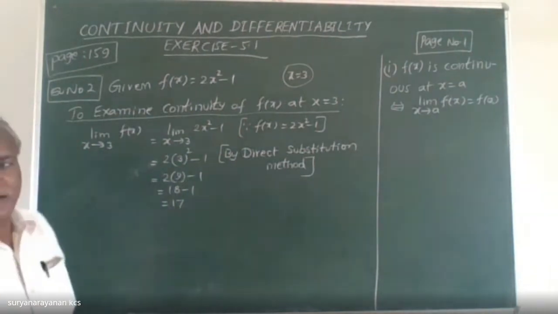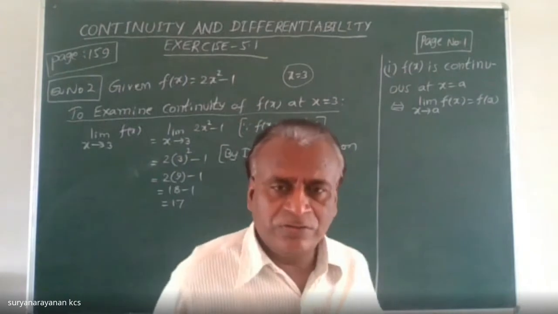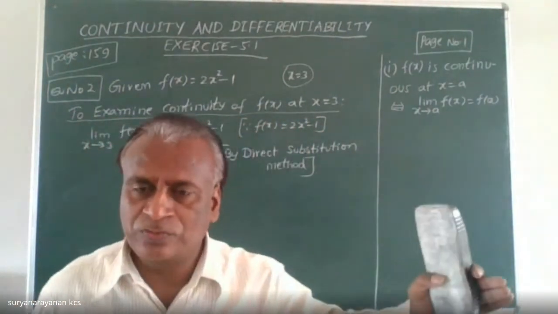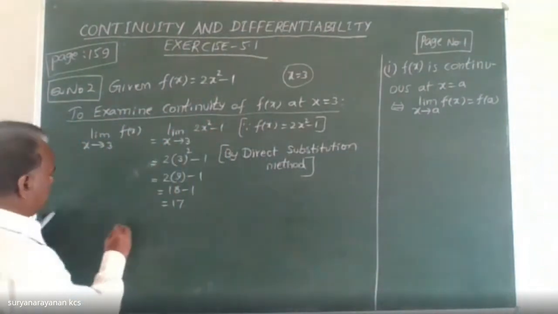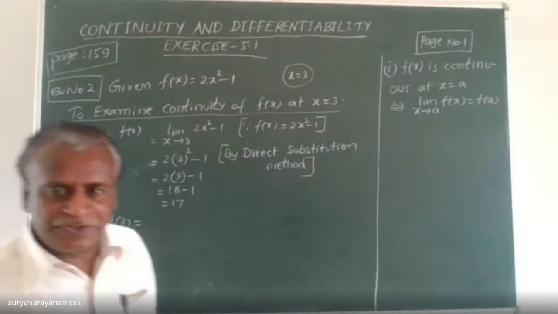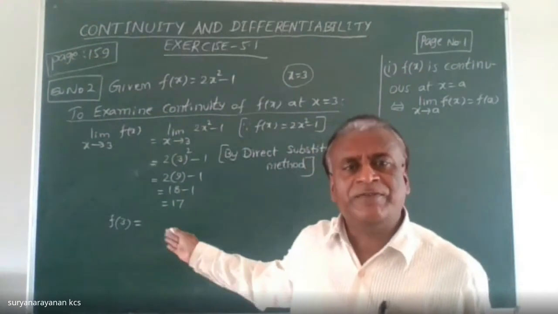We found the limit of this function as x is approaching 3. Now let us find f of 3. f of 3 is nothing but substituting the value of x in the given function.